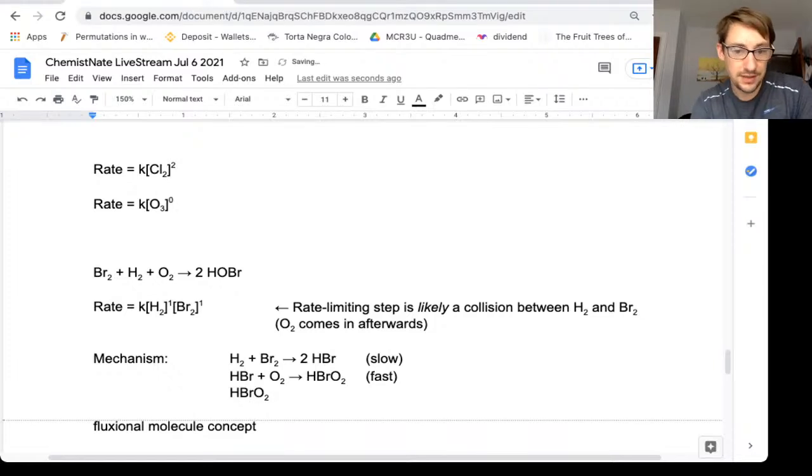And then your HBrO2. Oh boy, if you have two HBrO2s reacting. Again, trying to limit my collisions to two molecules at a time, an H2 and a Br2 making this, an HBr and an O2 making this, two of those making the product that we want.